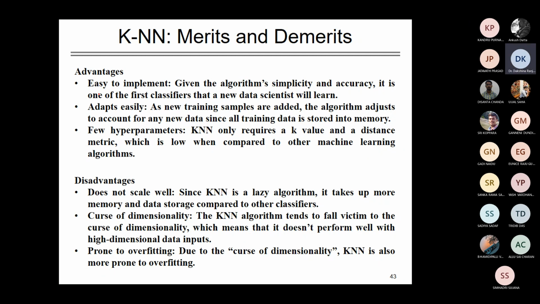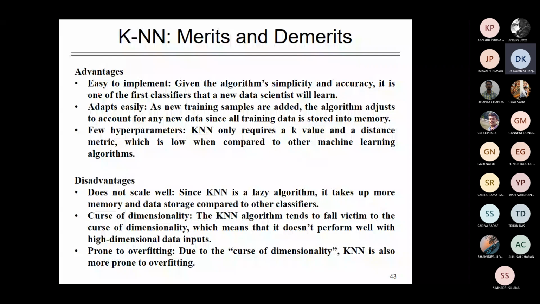As new training samples are added, the algorithm can adjust to account for any new data, since all the training data are stored in memory. As we have discussed, the k nearest neighbor algorithm only stores the training data.